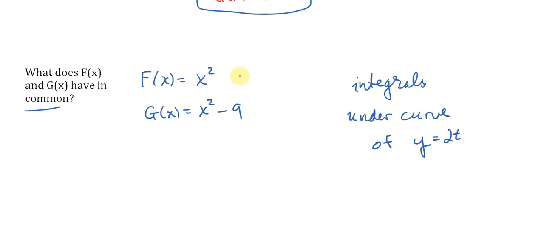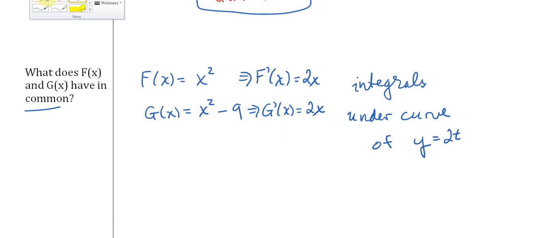And one more thing: in calculus terms, f prime of x is equal to 2x, and g prime of x is also equal to 2x. And maybe one other thing we can notice is that the derivatives of f and of g also match the actual curve itself.